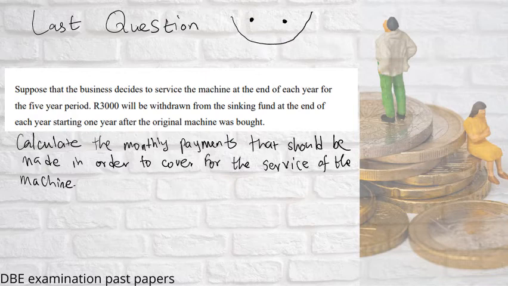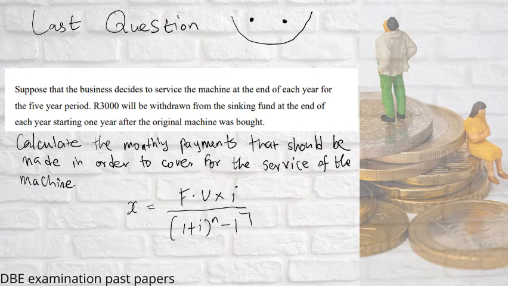So in order to calculate this, we're just going to use the future value formula to say monthly repayment is x = FV × i / ((1 + i)^n − 1). So that's the formula for x.